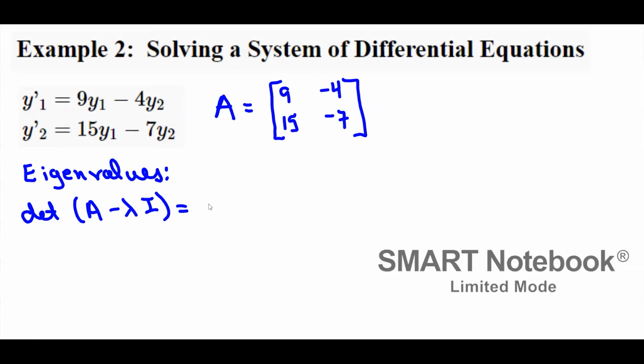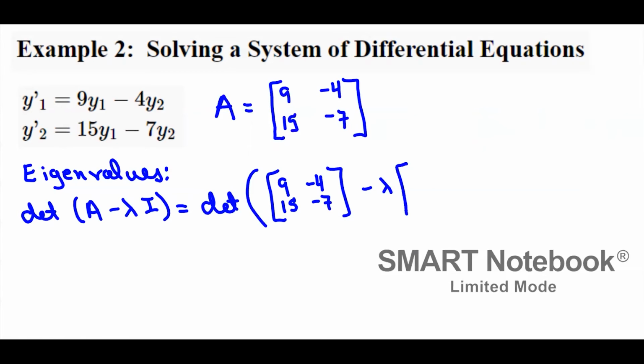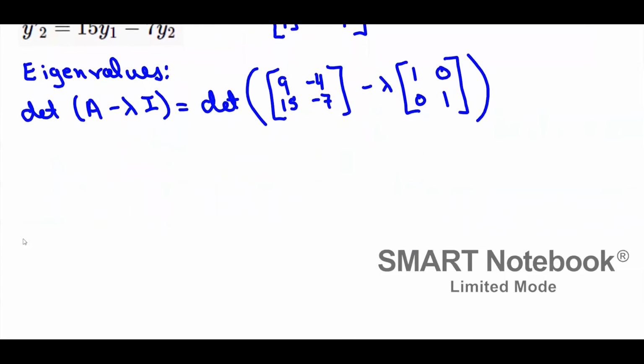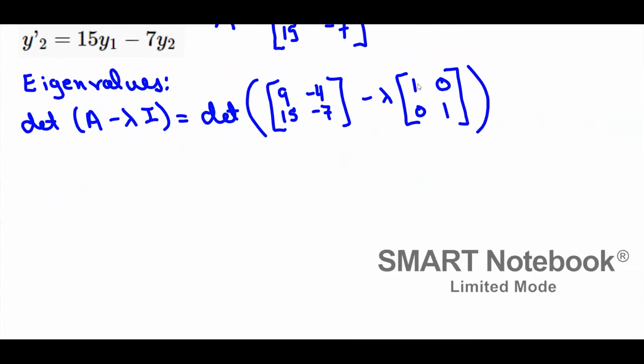So A is our coefficient matrix, minus lambda times I. And if you remember from linear algebra, all that's going to happen here is these are going to change to negative lambdas, and you're just going to be subtracting lambda from this main diagonal.